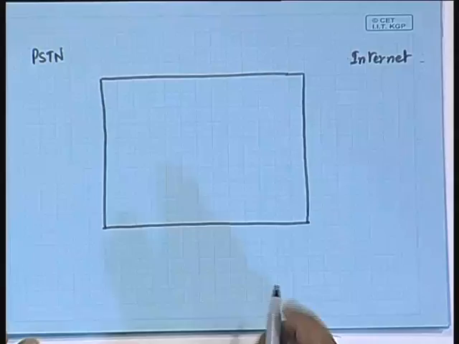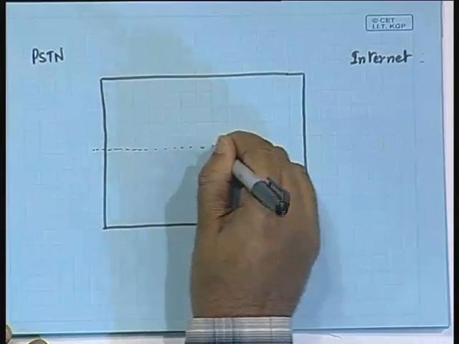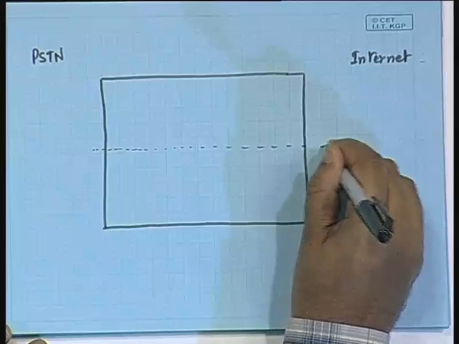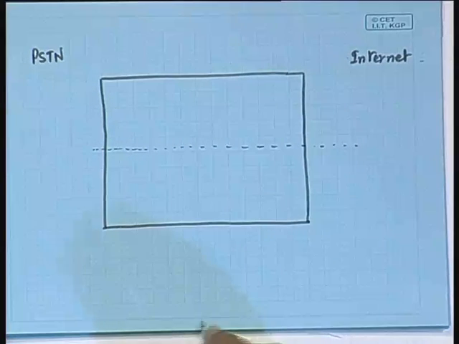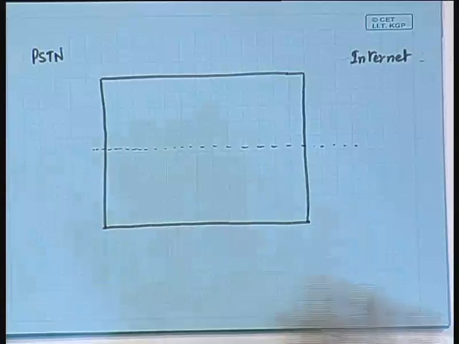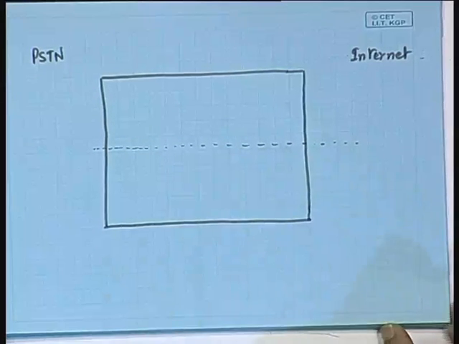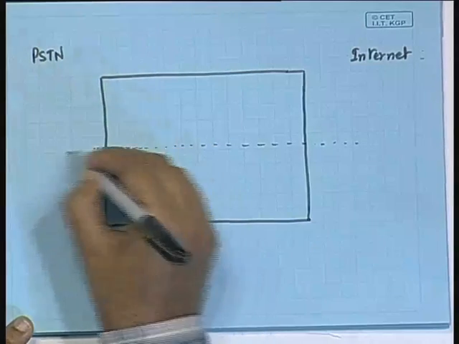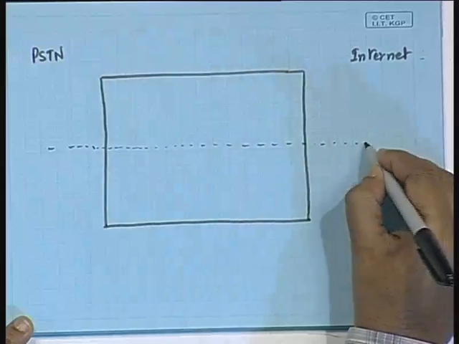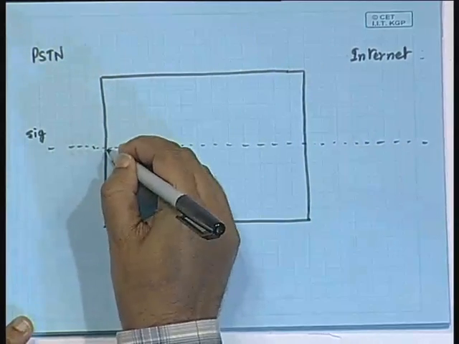So, we should have a kind of demarcation: part of this gateway will do the signaling job and part of the gateway would do the media stream transportation job.